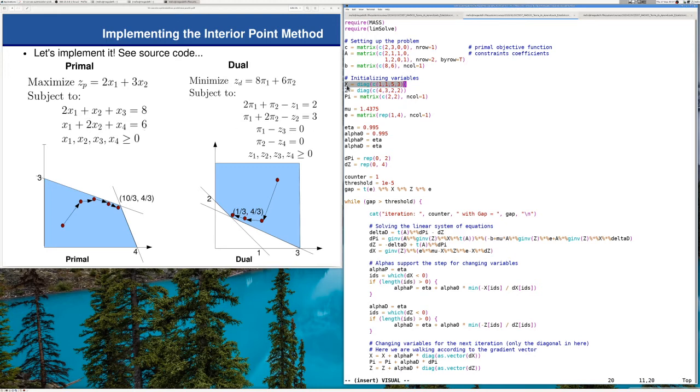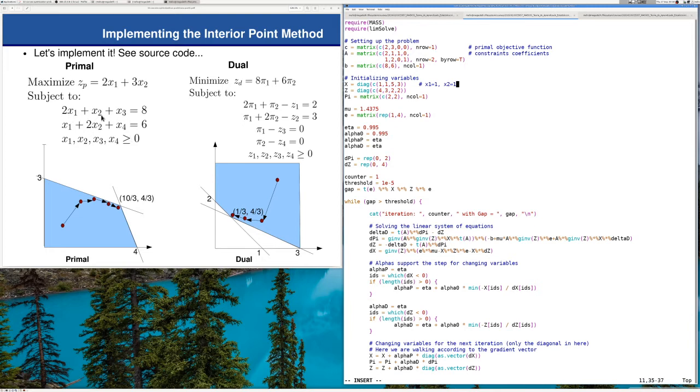In this scenario, I decided to select x1 equals 1 and x2 equals 1 as well. So both are greater than or equal to 0, as they should be.